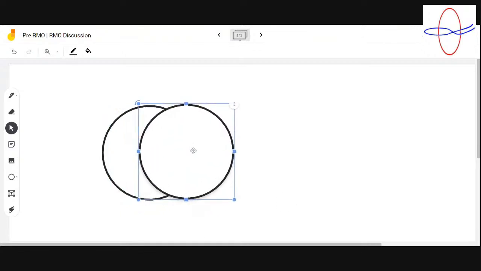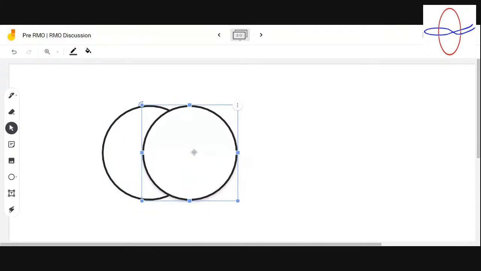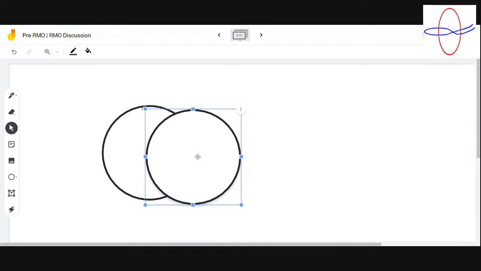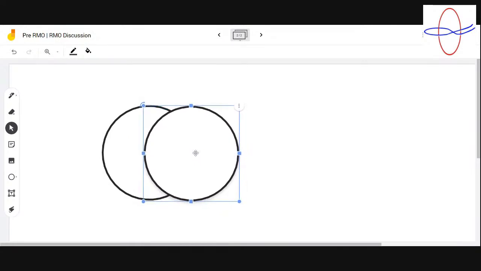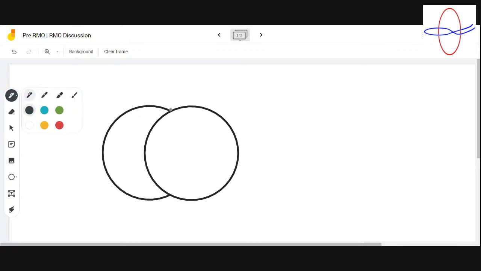Give me a minute. It's sort of like this. And you're connecting this. I'm very bad with circles. Yes, I hope this makes sense.